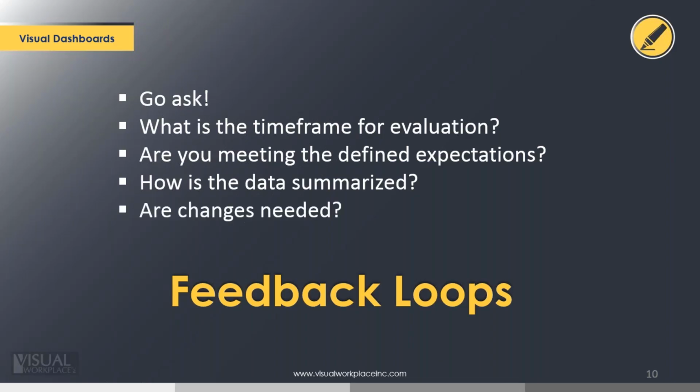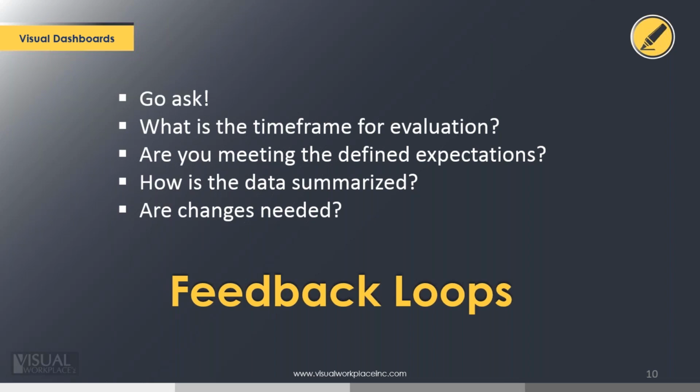And finally, we're back to, do you need to make any changes? Are there skews in your data? Are there things that are happening that are just not giving you the results that you expected? And you may have to make some changes and do an overhaul. But during that training process, that's when you make sure you tell people that you're going to ask for feedback, and you won't hesitate to make changes as needed.